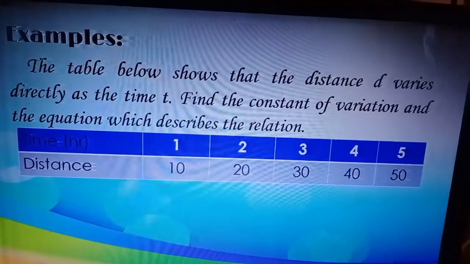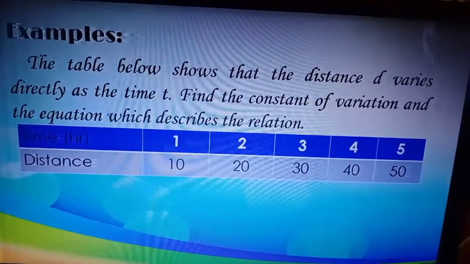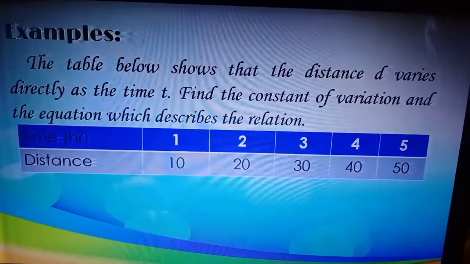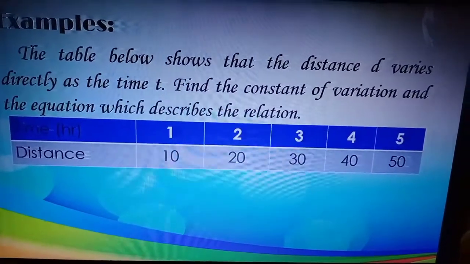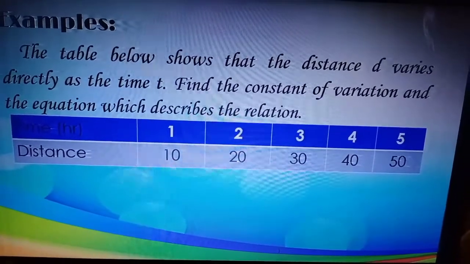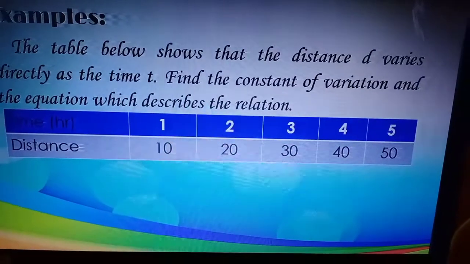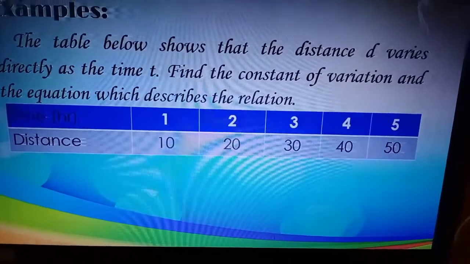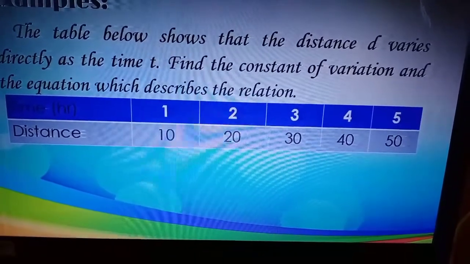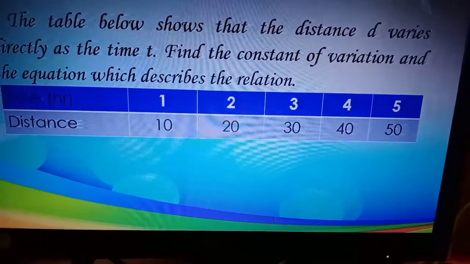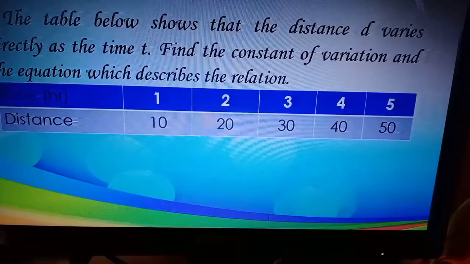Here is another example. The table below shows that the distance d varies directly as the time t. Find the constant of variation and the equation which describes the relation. Okay, so we have the given. We have 1 hour and distance. So 1 hour is 10, 2 hours is 20, and so on.